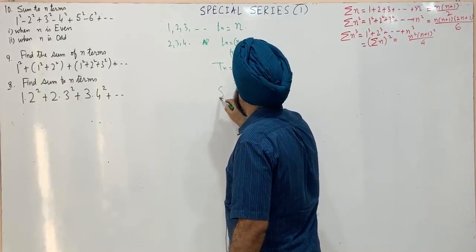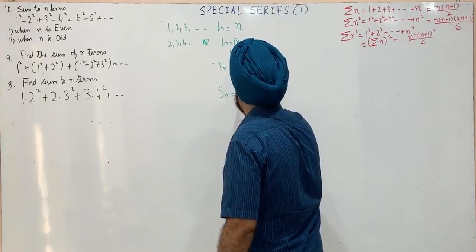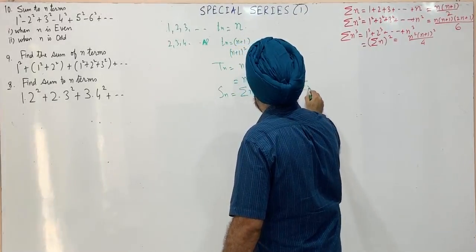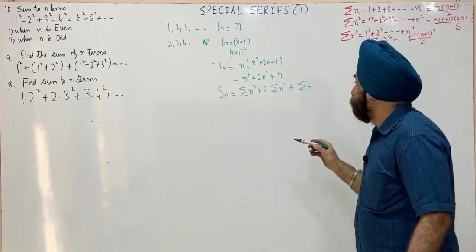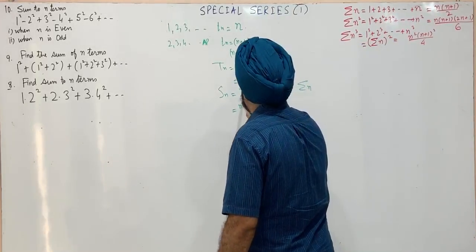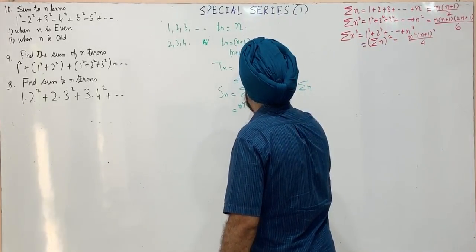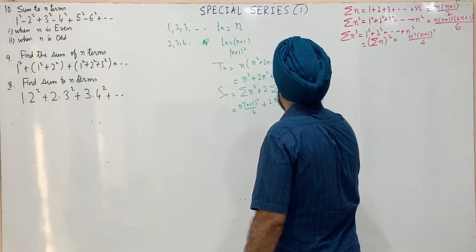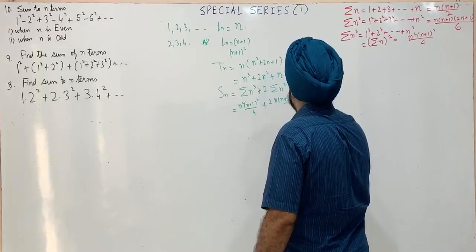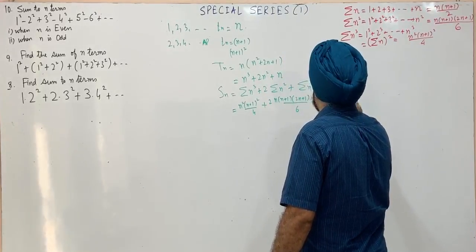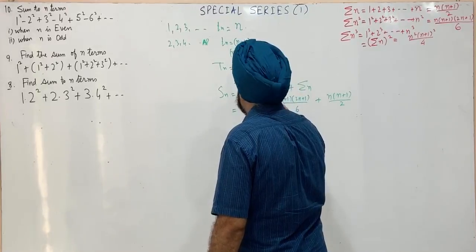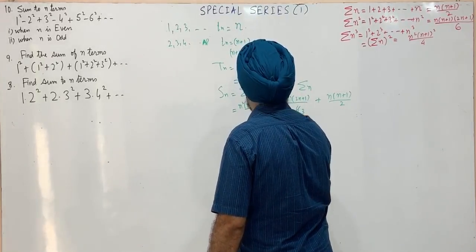And we can find Sn. This will be sigma n cube, 2 times sigma n square, plus sigma n. This is n square, n plus 1 square upon 4, this is n into n plus 1 into 2n plus 1 upon 6, and this is n into n plus 1 upon 2. So this is 3.